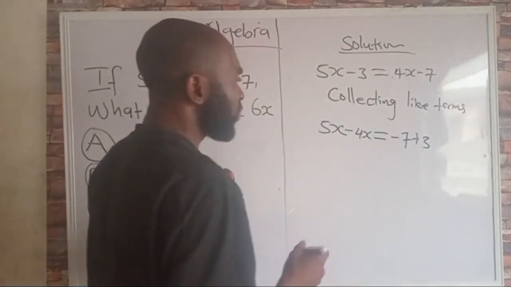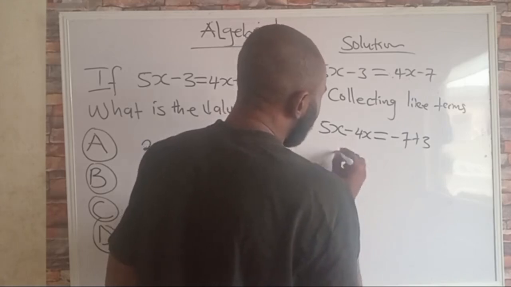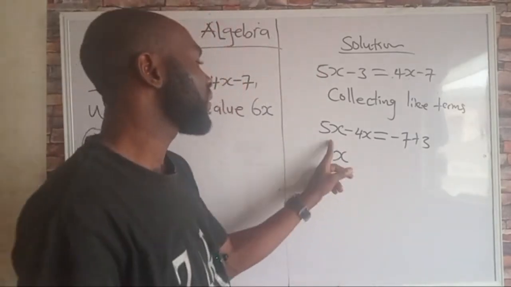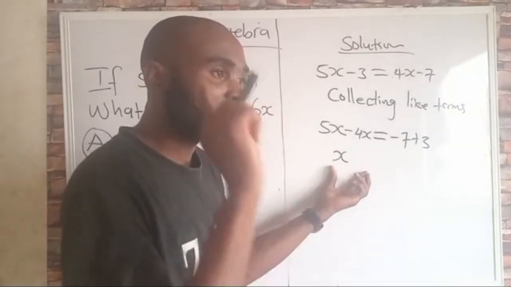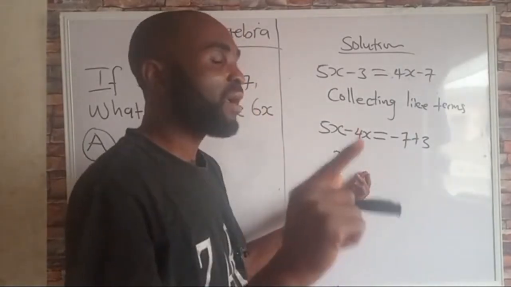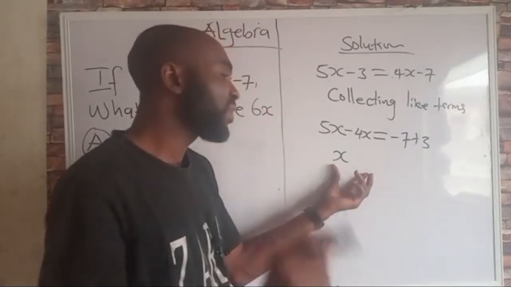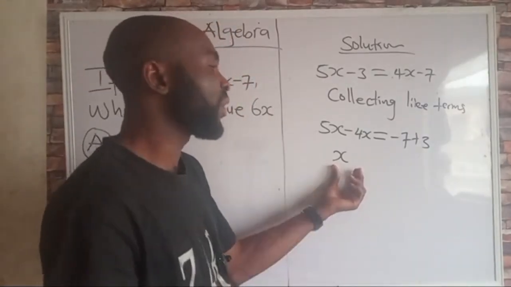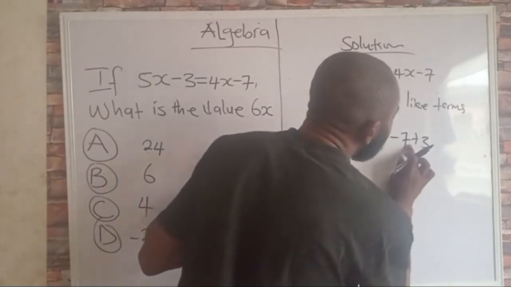Okay, so with this I'll now have 5x minus 4x. That will give me x. It will give me 1x, but there is no need of saying 1x. 1x is the same thing as x. 1 Solomon is Solomon. Okay, 1 Prosper is Prosper. 1 Odue is Odue. So you don't need to stress yourself saying 1 Odue. It's just Odue. So I'll now say equal to minus 7 plus 3.